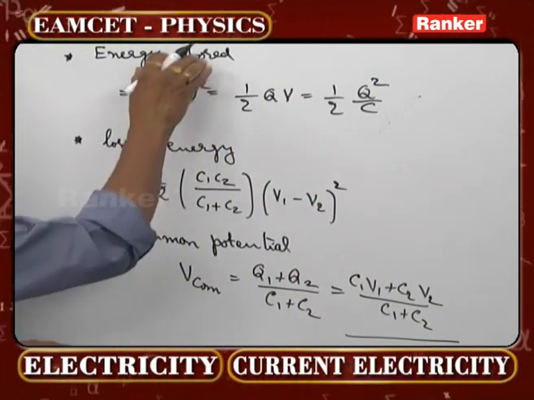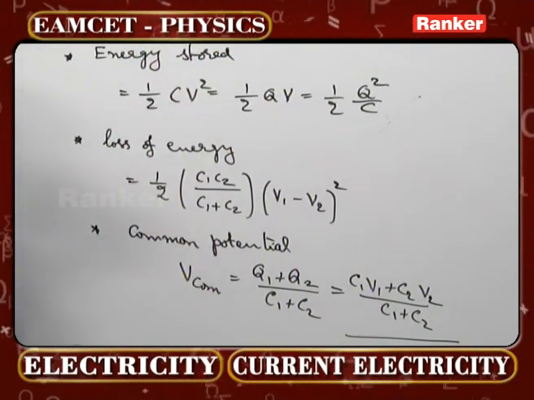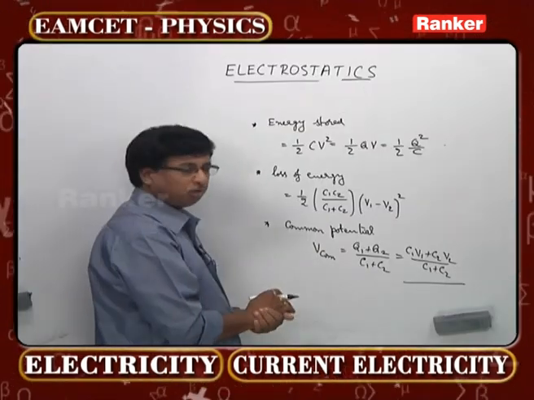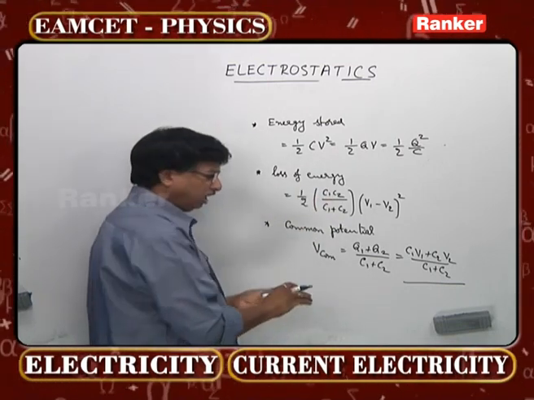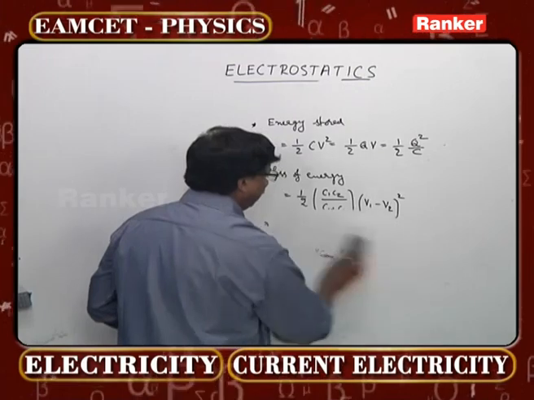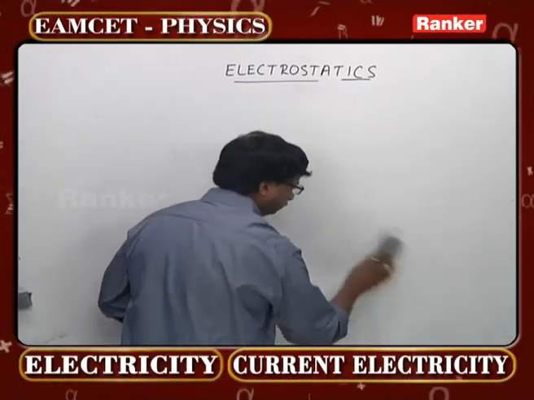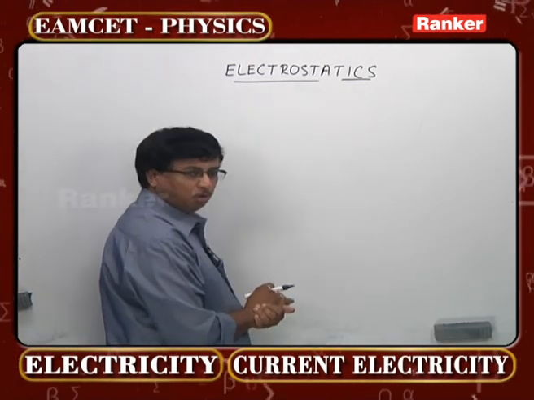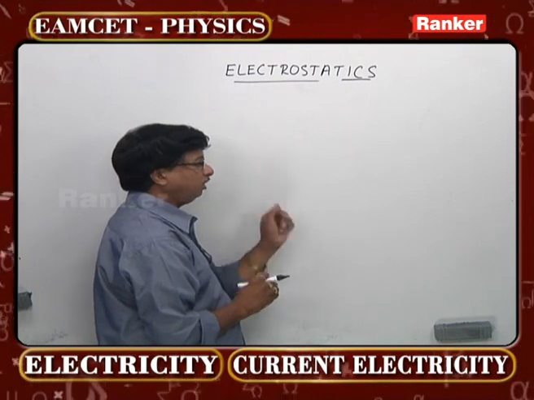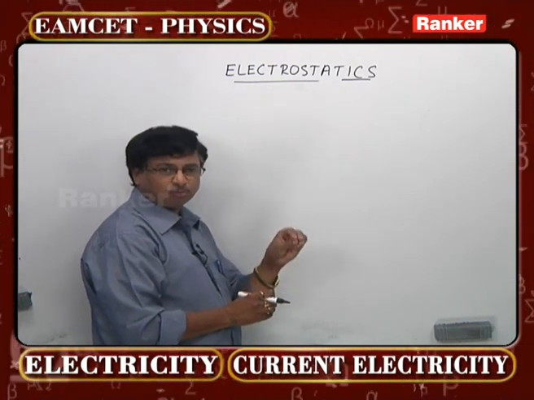So when we talk about capacitors in particular, these are the different formulae one should remember before taking up the applications on capacitors, please. And every time at EAMCET level, they ask at least one question on capacitors. There were occasions in previous EAMCET papers when both the questions of this chapter, electrostatics, were asked directly on capacitors only.